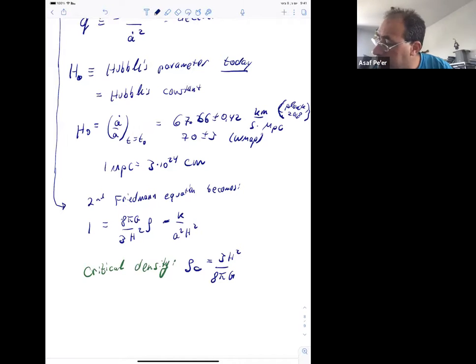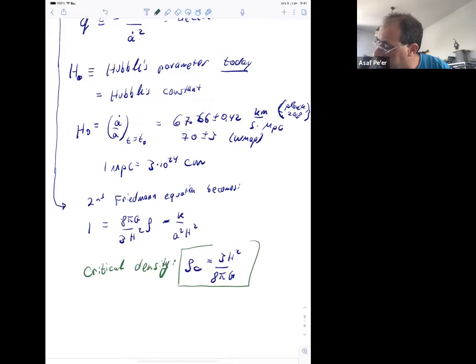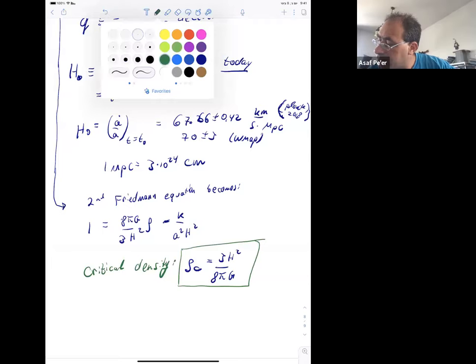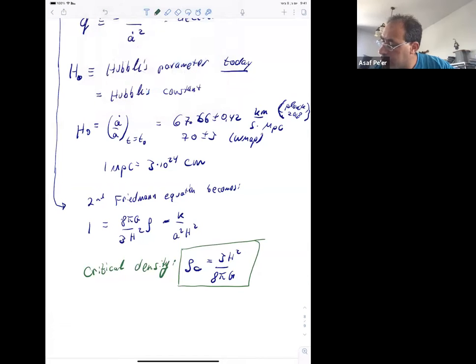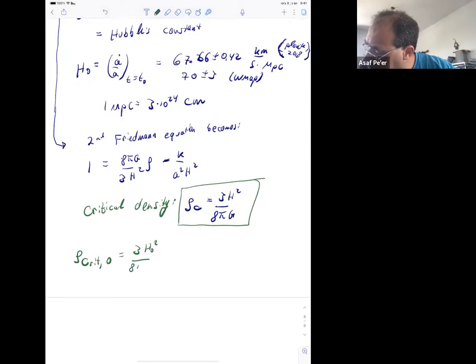Right? So if we measure the Hubble constant today, we can measure the critical density today. So rho critical today, and anything with a 0 means today, is just 3H0 squared divided by 8 pi G. Everything is a constant here, really, except the Hubble constant, which we measure.